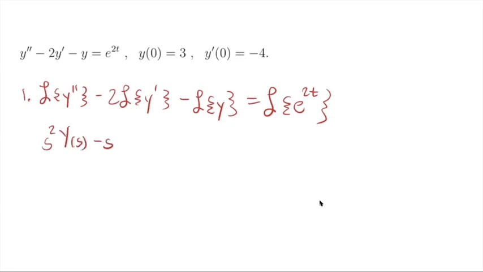And so that would be s squared times the Laplace transform of y minus s times y0, which would be 3, minus y prime of 0, which is minus 4. And then here we've got 2 times s y of s minus y of 0.